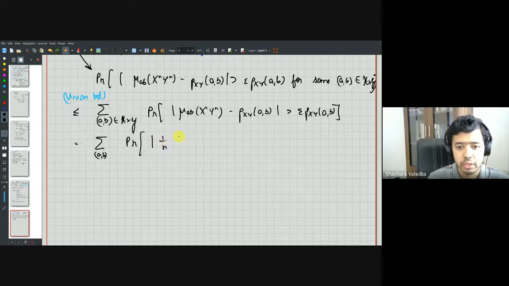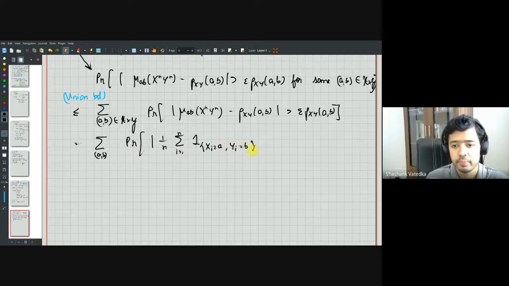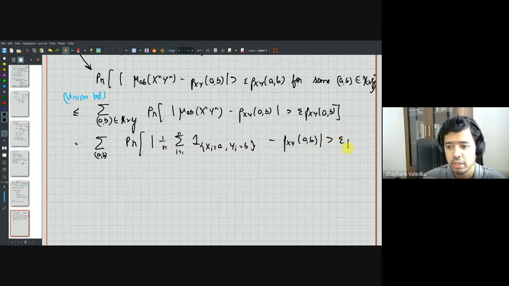So it is 1 over n, summation i going from 1 through n, of the indicator function that x_i equals a and y_i equals b, minus P_XY(a,b), is greater than epsilon times P_XY(a,b).